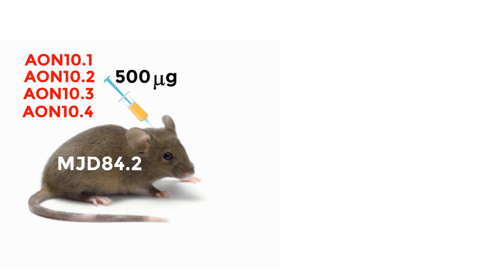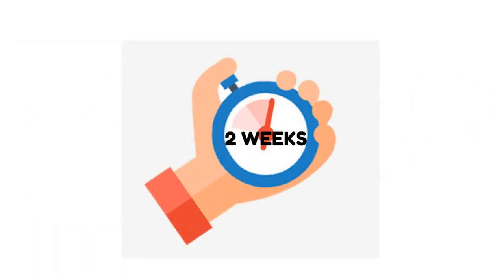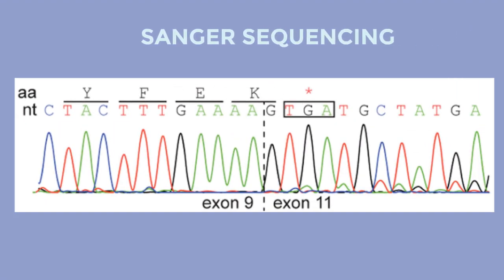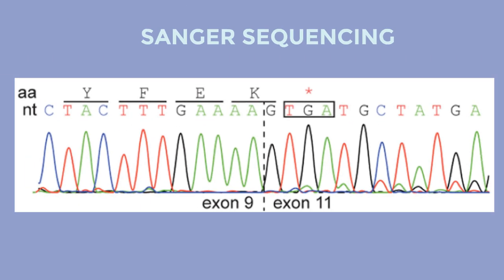This was done by implantation of a cannula into the right lateral ventricle of the mouse. After 2 weeks, the efficacy of antisense oligonucleotides was assessed using Sanger sequencing. This demonstrated that as a result of exon 10 skipping, there was a stop codon, TGA, at the start of exon 11, resulting in a truncated ATXN3 RNA found in the cortex and cerebellum.